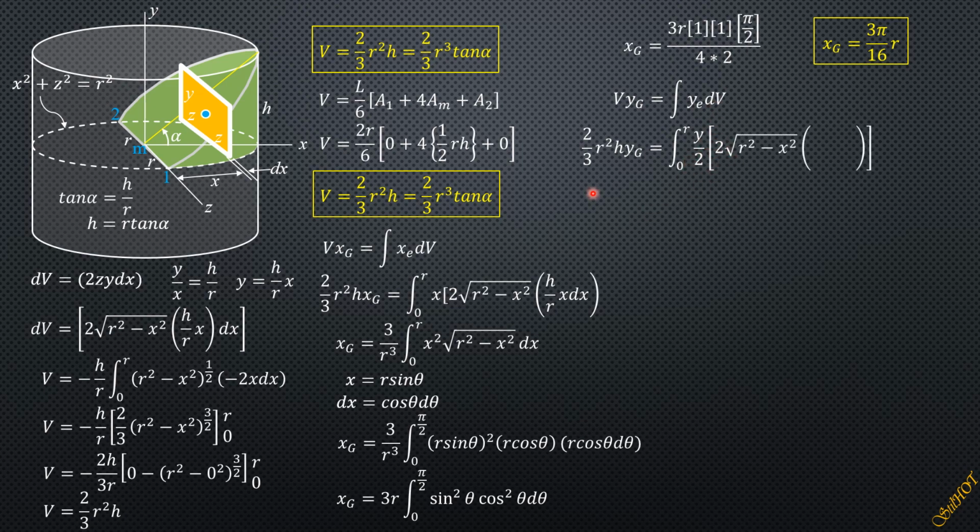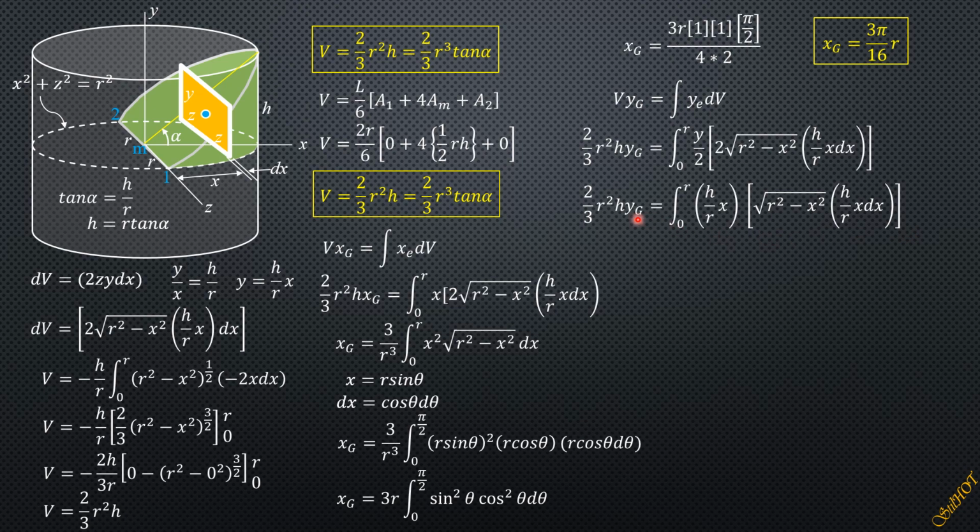Then we copy the differential volume, which is 2 square root of r squared minus x squared, times h over r x dx. So we cancel 2, then we replace y by h over r times x. So 2/3 r squared h yg equals the integral from 0 to r of h over r x, then square root of r squared minus x squared, then quantity h over r times x dx.